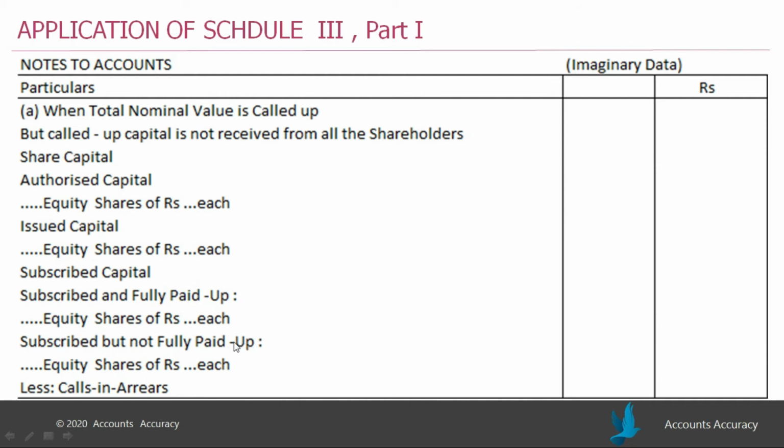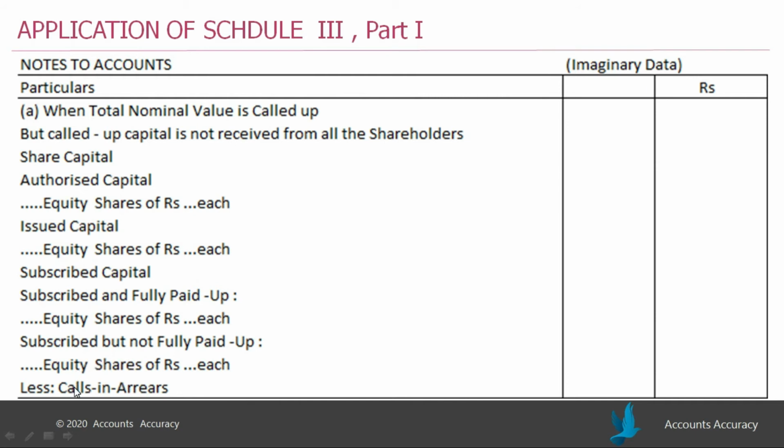Hence, the amount called in and not received is classified as subscribed but not fully paid up in the notes to accounts. Again, when the company has not called the total nominal value of shares, the shares are classified and shown under subscribed but not fully paid up.